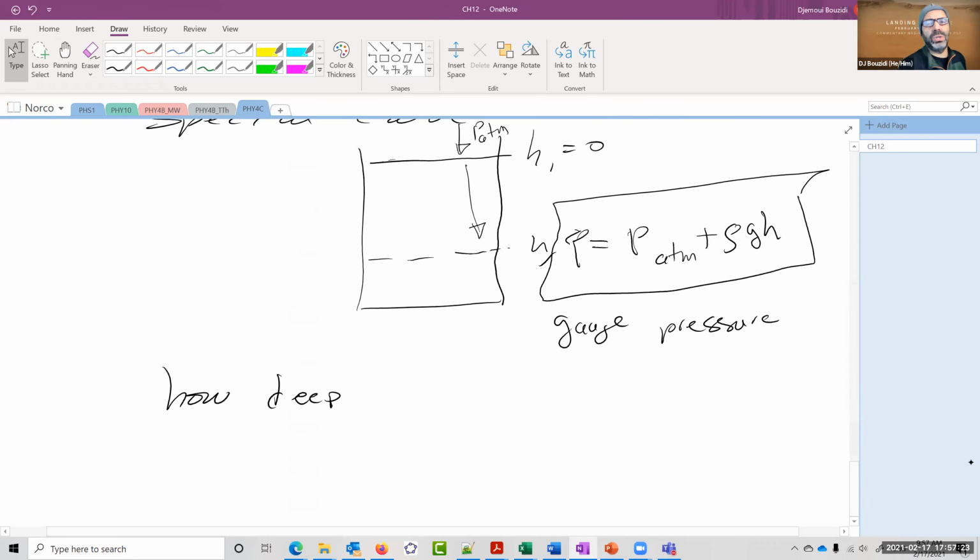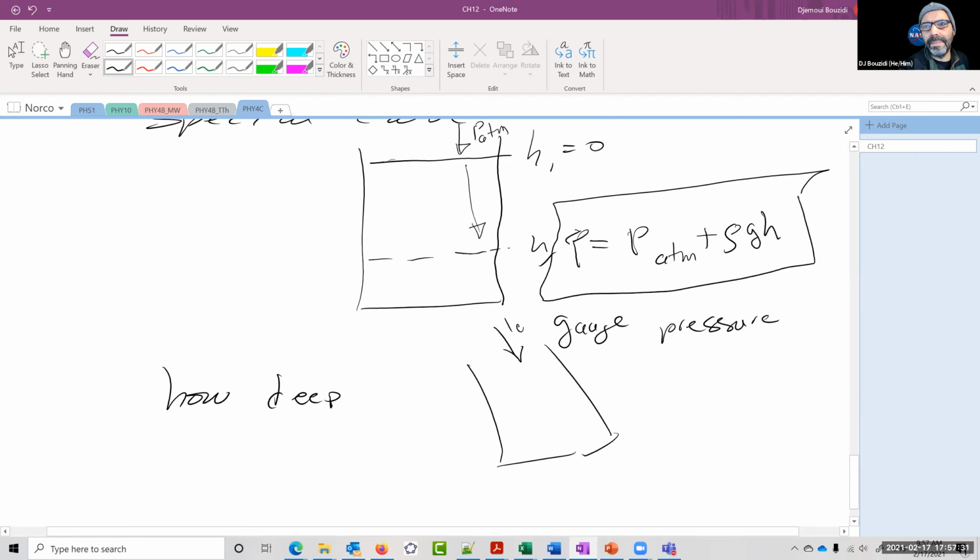So how deep in water can you experience another atmospheric pressure in addition to the atmospheric pressure? You have 1 atm here, and then you go to a certain depth, H0, and now you experience another atmosphere, for a total of 2 atmospheric pressures.